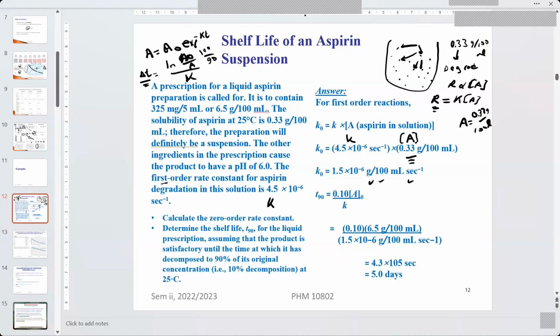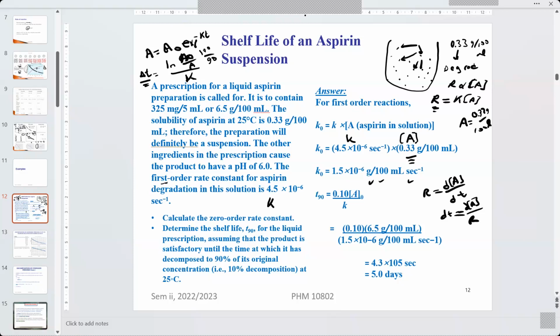Then when we calculate time 90, the time for 90% to degrade, we set rate equal to change in concentration divided by delta time. So delta time will be equal to delta concentration divided by the rate, isn't it? The change in concentration is 10%, which is 0.10 of the initial concentration.